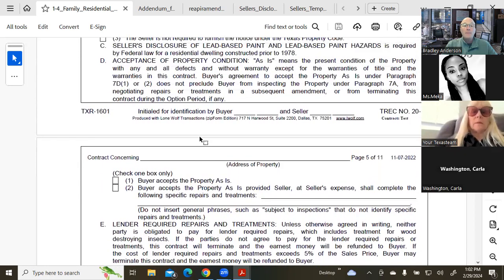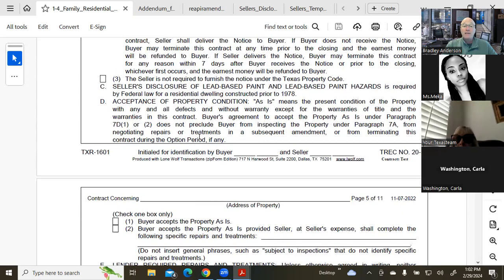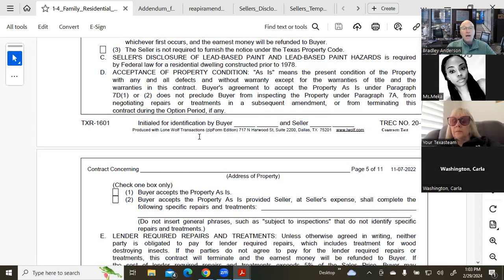So it basically says that, let's just go back to the paragraph, acceptance of property as is means the present condition of the property with any and all defects and without warranty, except for the warranties of title and the warranties in this contract. So all that to say that 9 times out of 10, you're going to check box D1.